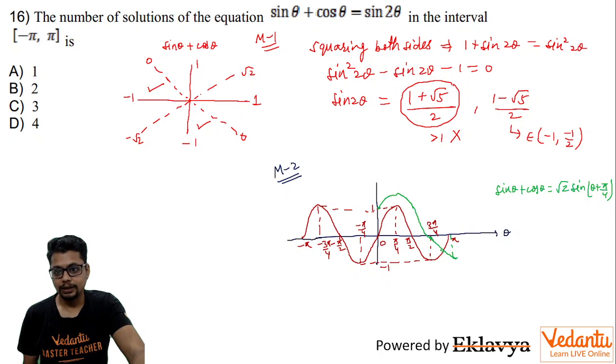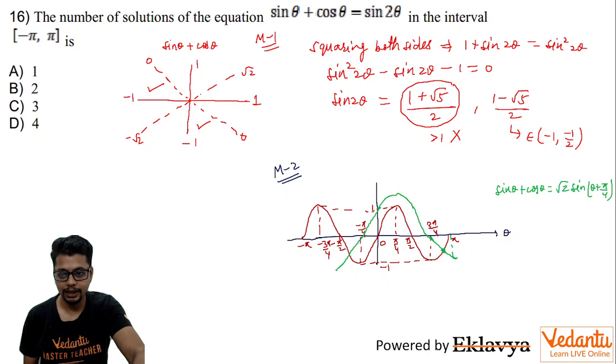So there is one intersection here, and as you go back and change theta in the negative direction from 0 to minus pi: when you put theta to be minus pi by 4, it becomes sine 0, and hence it becomes 0. Like this. At minus pi by 2, it will be sine minus pi by 4, which is minus 1 by root 2 times root 2, so it is minus 1 here.